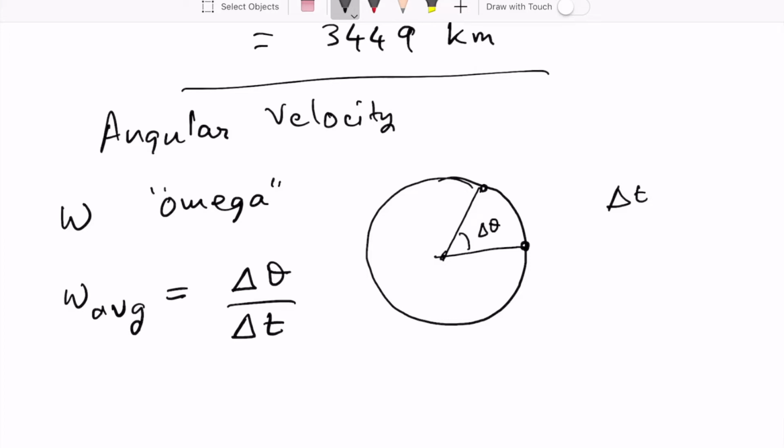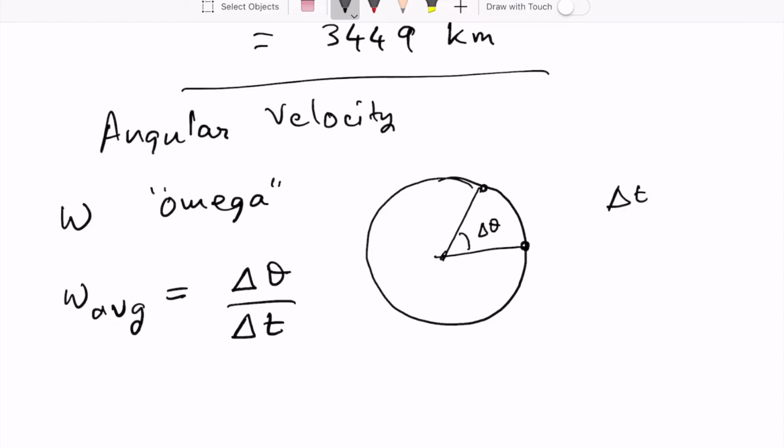Now, you know that we are not that interested in average quantities in this course. We are far more interested in instantaneous quantities. So I might want to know what is the omega at maybe t equals 5 seconds, or what is the omega at t equals 7 seconds. In that case, you calculate the same thing, delta theta divided by delta t, but you make the delta t as tiny as possible.